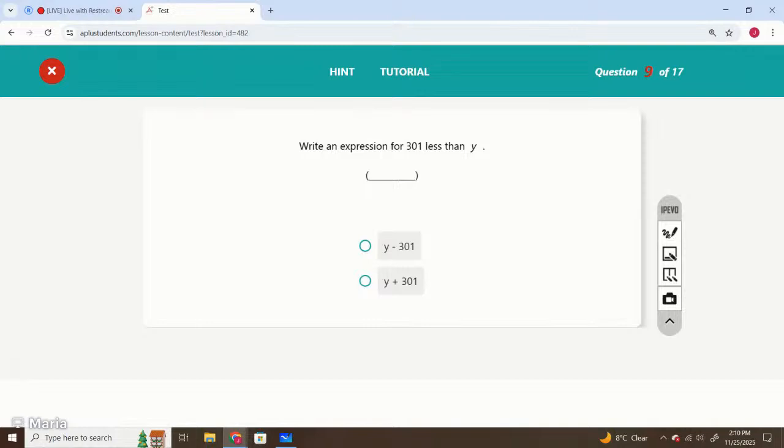Write an expression for 301 less than y. That is y take away 301. Option number 1 is the correct option.